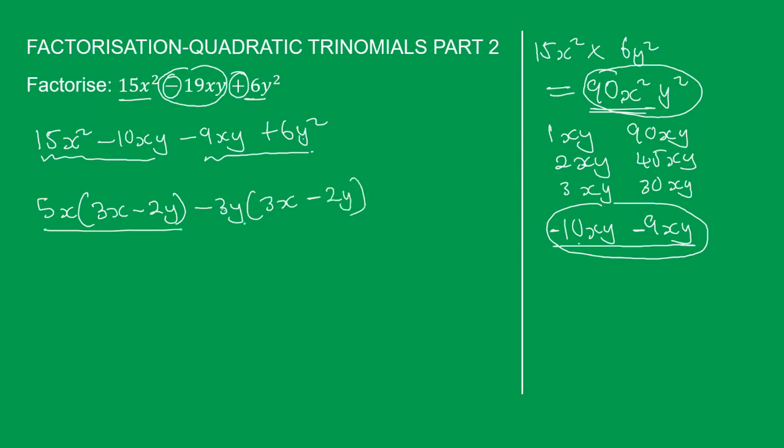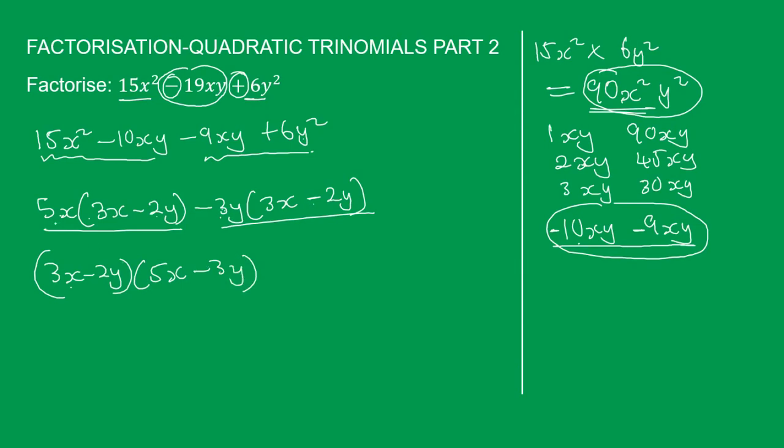And then we have two terms here that have a common bracket, 3x minus 2y. We factor it out. Then 5x times 3x minus 2y divided by 3x minus 2y, you get 5x. Negative 3y times 3x minus 2y divided by 3x minus 2y, you get negative 3y.